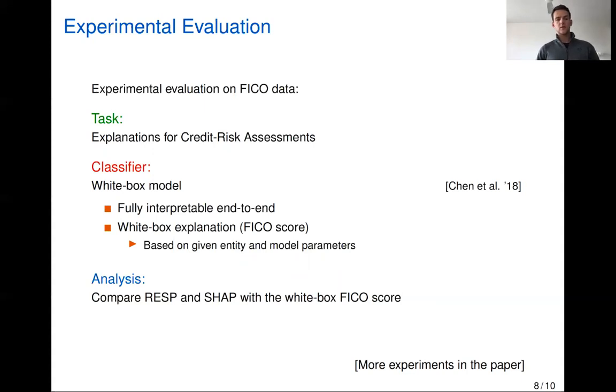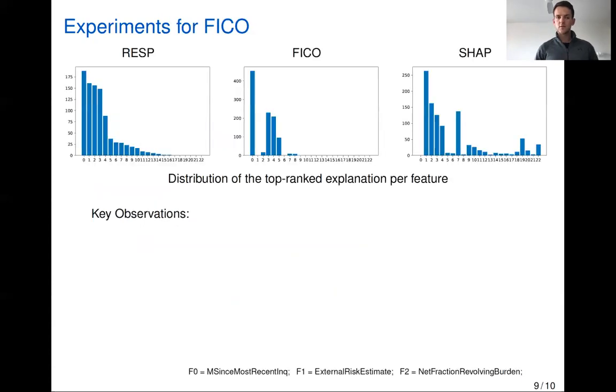So the analysis we did is we compared our black box RESP and SHAP scores with the white box FICO explanation score. These three plots show the distribution of the top-ranked explanation per feature. So each bar represents one feature, and on the y-axis, we denote how often that particular feature was used as the explanation in our data set.